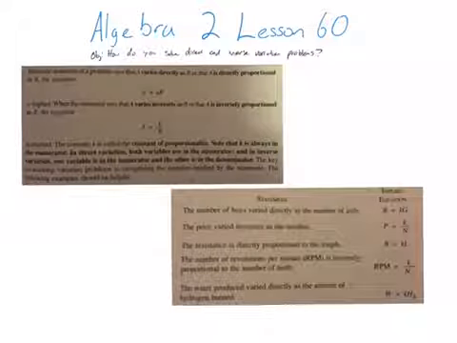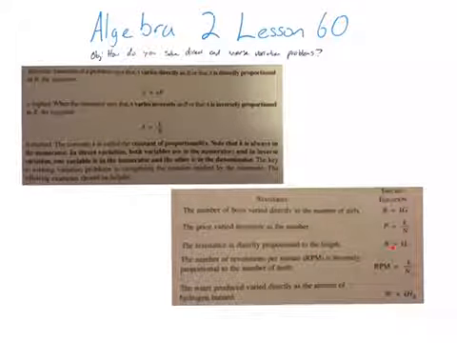So let's just read a couple here. It says, the number of boys varies directly as the number of girls. So it varies directly, so the boys is equal to some number times girls. The price varies inversely as the number. So price is equal to K over N, a number. The resistance is directly proportional to the length.